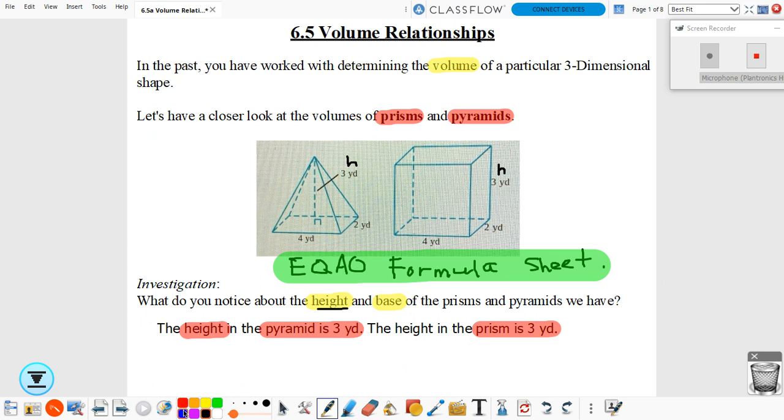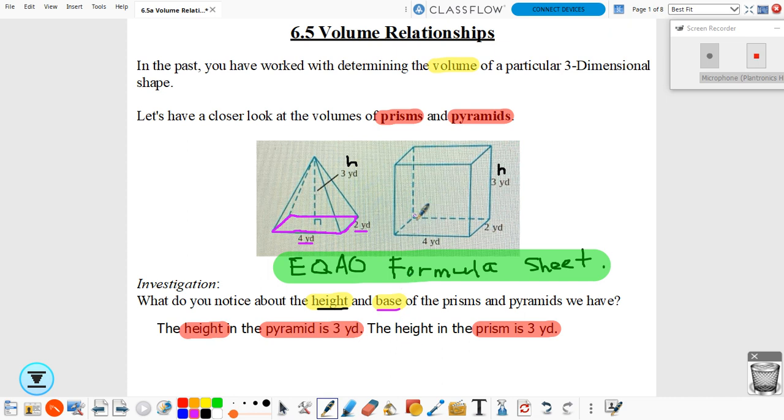Next, let's talk about the base of these objects, the base face. So when we're looking at the pyramid over here, we're just looking at this base face. Basically we're just looking at the rectangle at the bottom. The rectangle at the bottom has dimensions 4 yards by 2 yards. You see that there? So the base area, we're talking about area, would be 8 yards squared, because 4 times 2 is 8 yards squared.